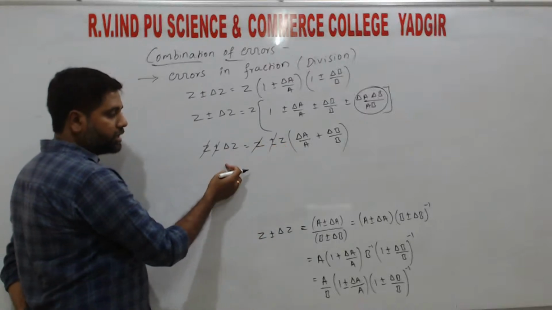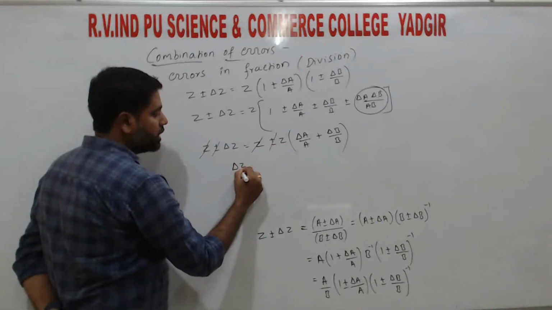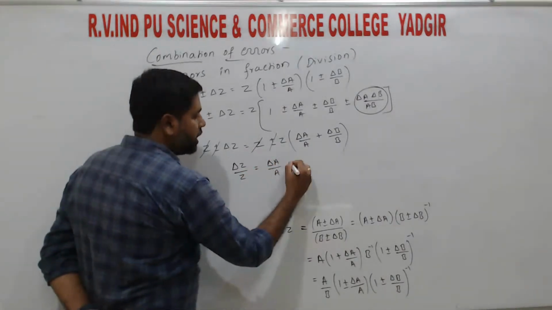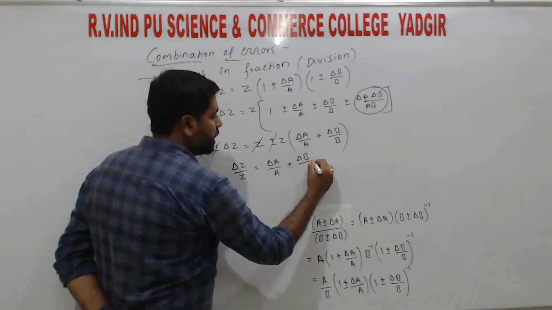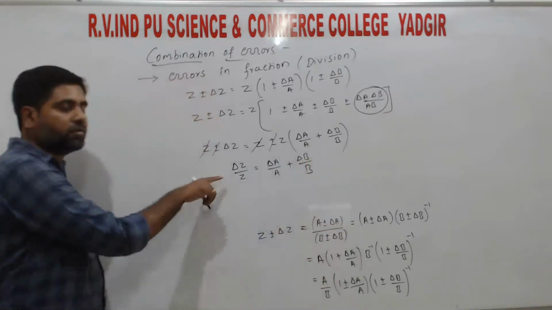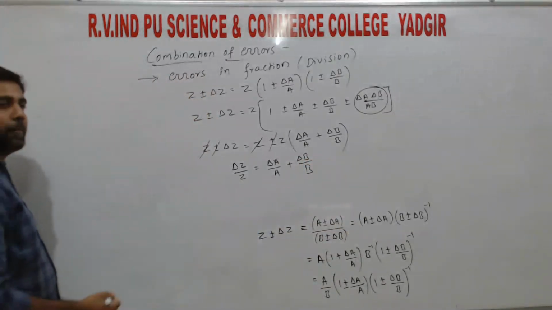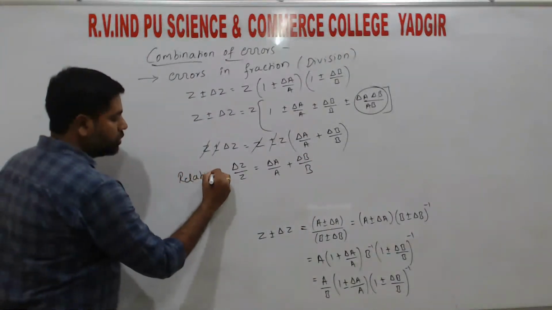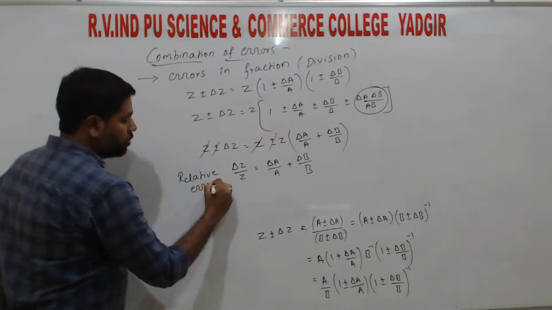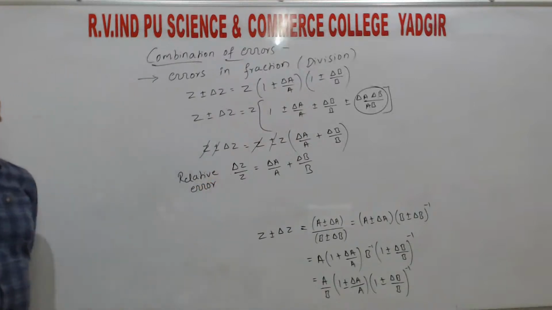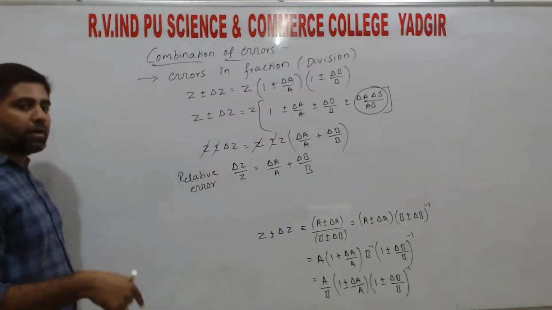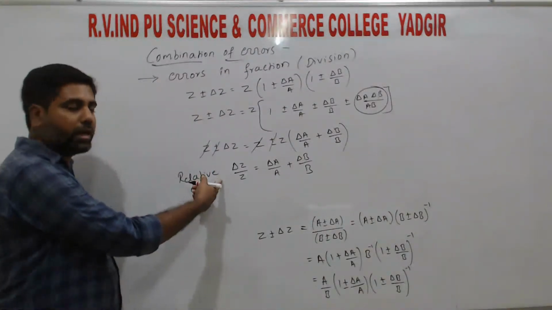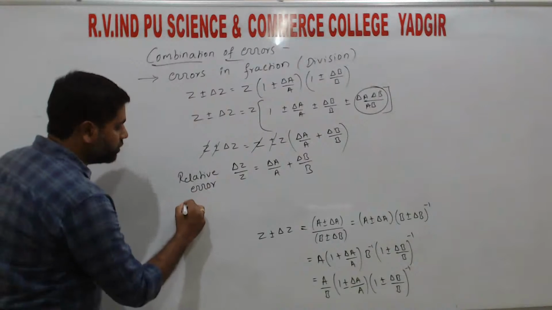Shifting z to the LHS, delta z by z equals delta A by A plus delta B by B. Again, what error is this? It is the relative error, right? So in both product and division, we get the relative error, right?